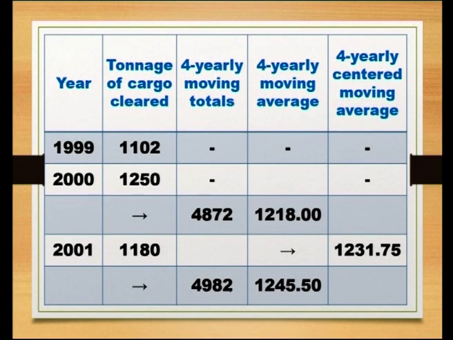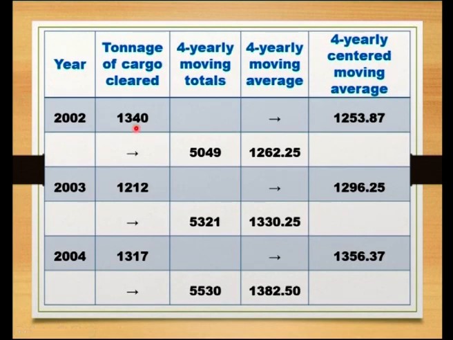First of all, take the years 1999, 2000, 2001, 2002. Y values are 1102, 1250, 1180 and then 1340. The mid value from 1999 to 2002 lies between 2000 and 2001.